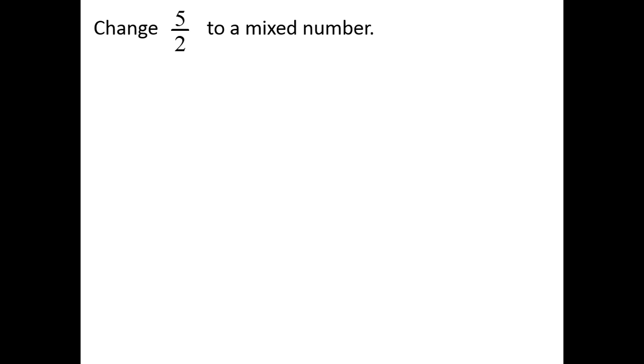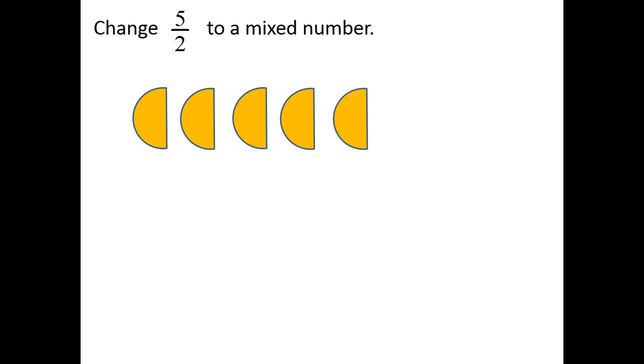Mixed numbers can also be written if we have an improper fraction. So in this case, we have 5/2 and we want to write that as a mixed number. 5/2 means we have 5 pieces, each the size of 1/2. To write that as a mixed number, we're going to take as many of the pieces of a whole as we can and put them together to make wholes.